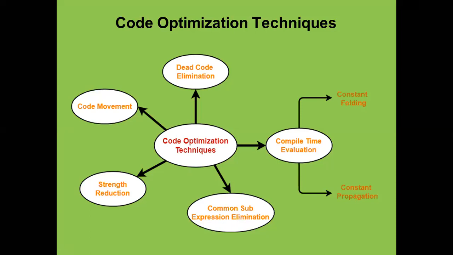Whenever we scan a long expression, first we check whether there is any sub expression like a plus b and a plus b repeating again and again in a long expression. Then first we take out the common part, or if we do not take it out, then there is no need to assign a new variable.